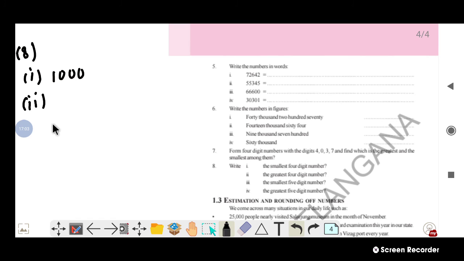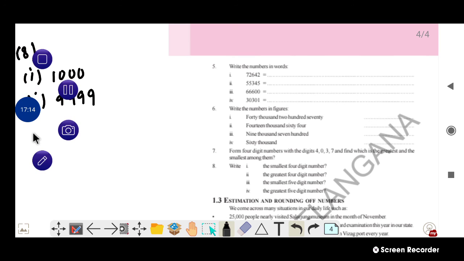And second one, the greatest 4-digit number, 99,999. Okay. So comes to the third one. Just one minute.